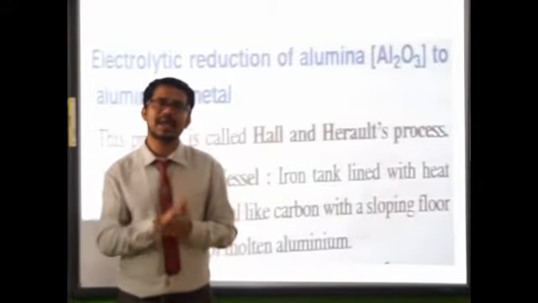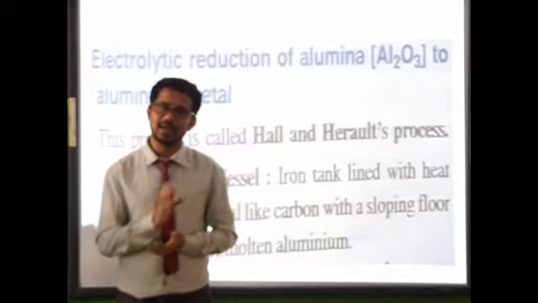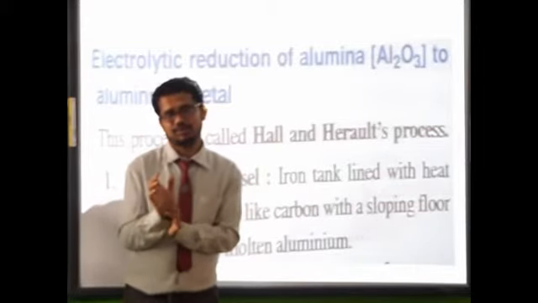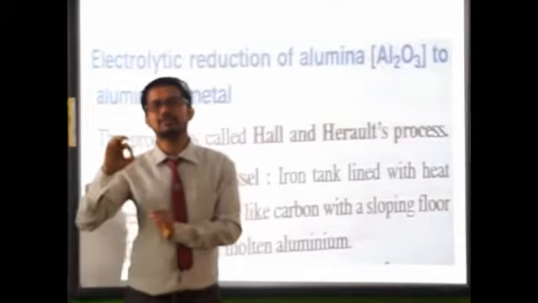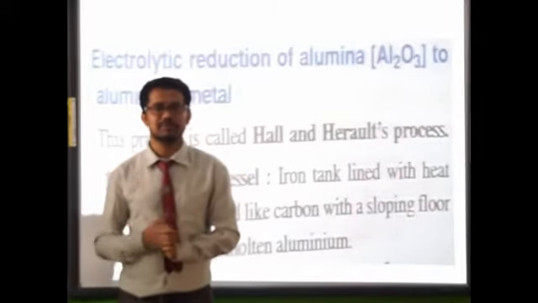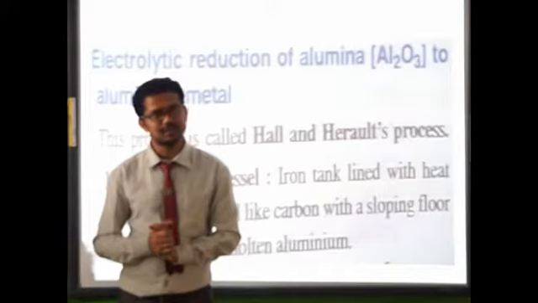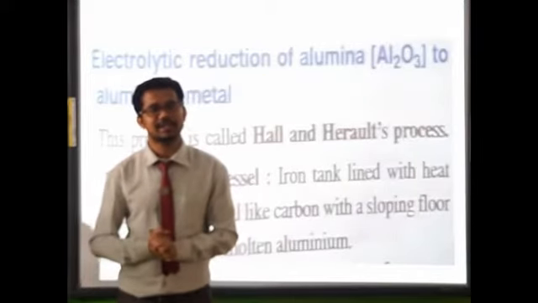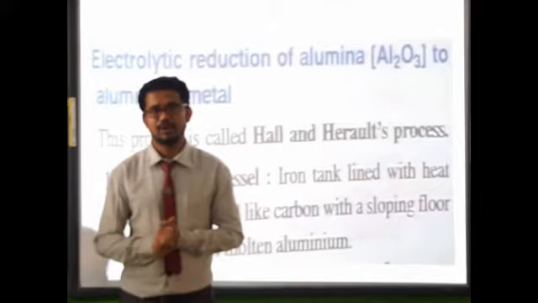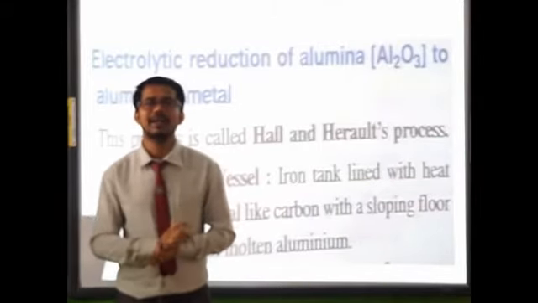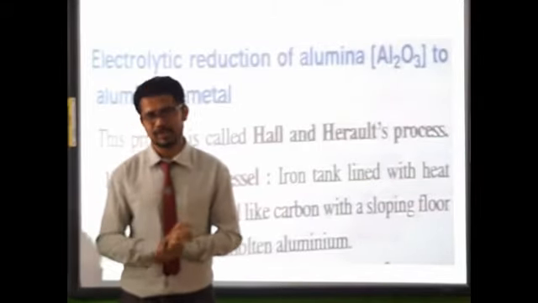So when cryolite is added to alumina, this cryolite can reduce the melting point, the fusion temperature of alumina, from 2050 degrees Celsius to 950 degrees Celsius. Only then it can be treated as an electrolyte. So today we will be doing this process called the Hall-Heroult process.